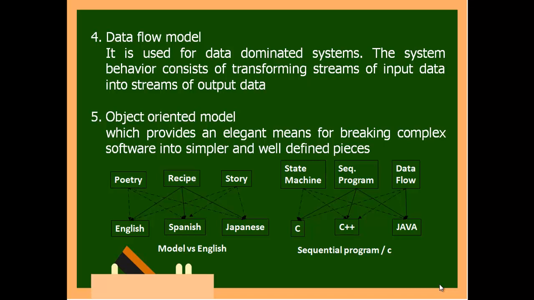In the data flow model, something has to come from outside, and what you have got has to be processed. I told you the best example for data flow is an audio signal. If you are designing an embedded system for audio, like a music player or FM radio, data will be flowing inside.